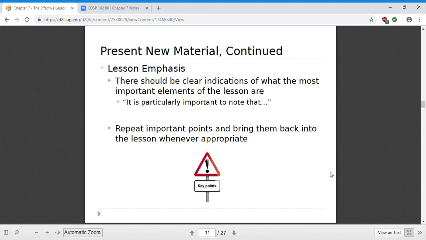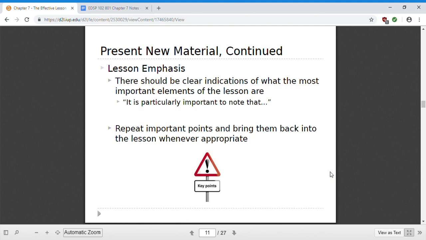Within the presentation of a lecture, you should clearly indicate what the most important elements of the lesson are. You can say this verbally, or make this known visually or auditorily. You could just say, guys, this is a really important part of the lesson, so make sure you're listening up.